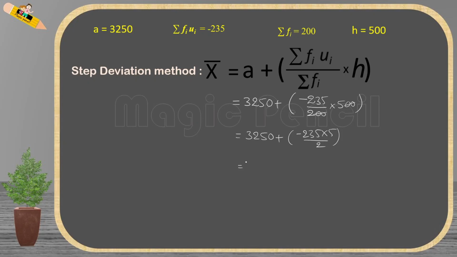Then 3250 plus, into minus, and after multiplication, you will get minus 1175 by 2.